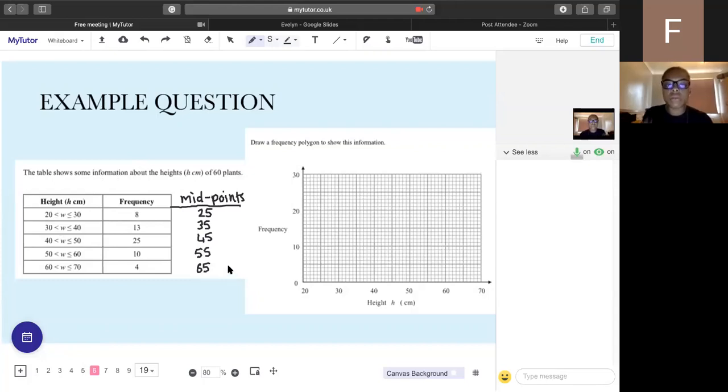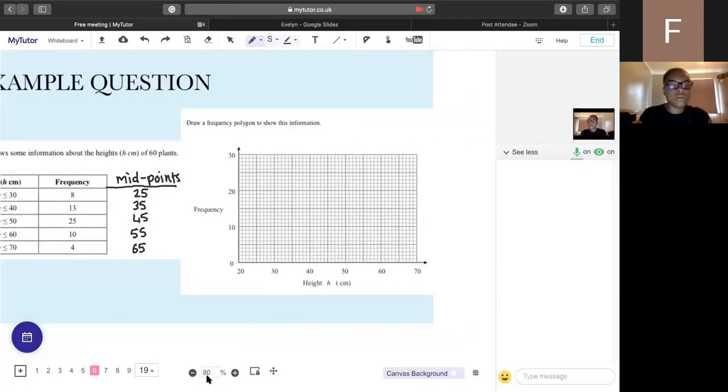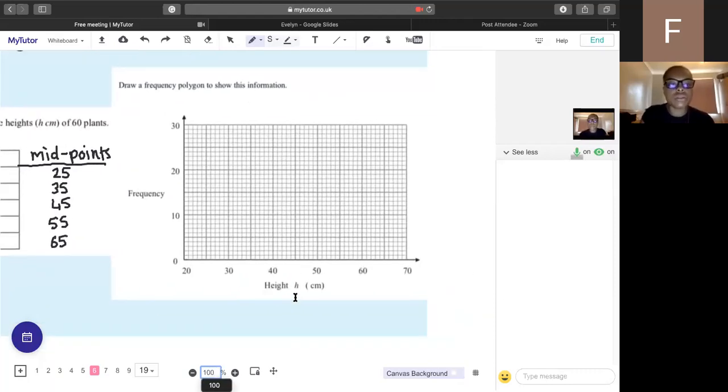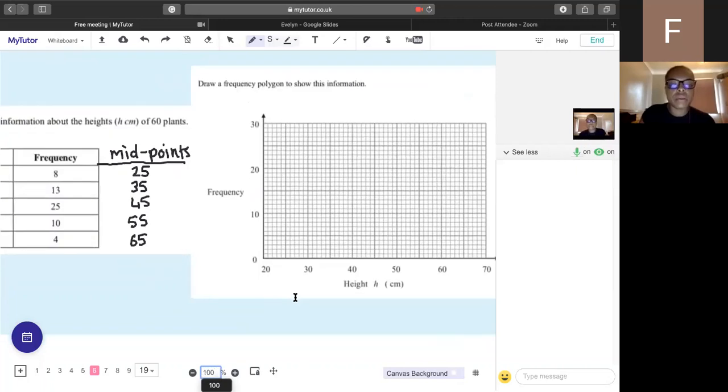So we've got all our midpoints and we've got our frequency. All we need to do now is plot them against each other. If I zoom in a little bit here, we can see the graph a bit clearer. We want to plot 25 against the frequency 8, so we go to 25 and go up to 8.